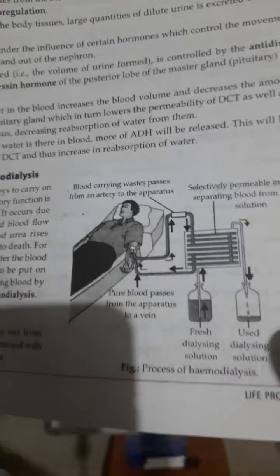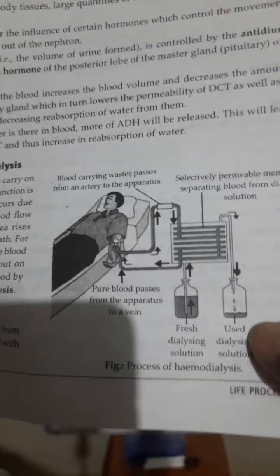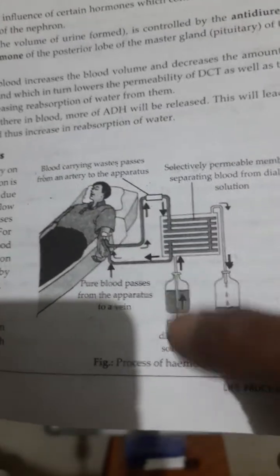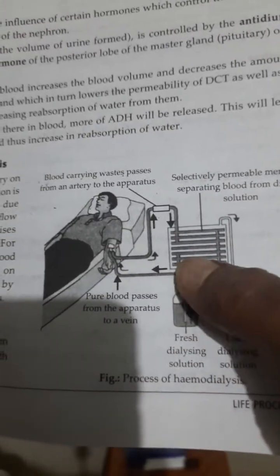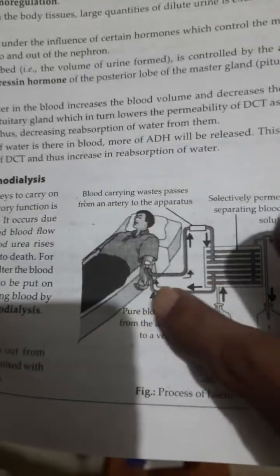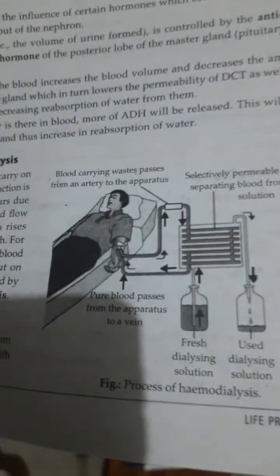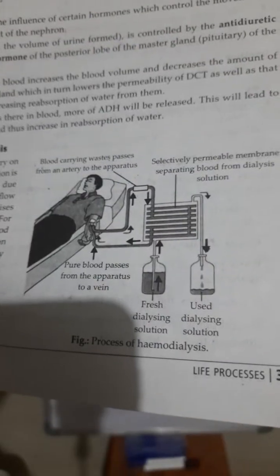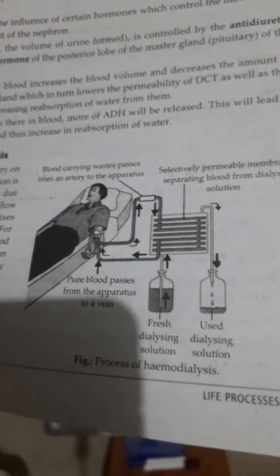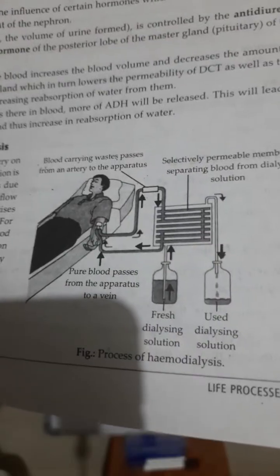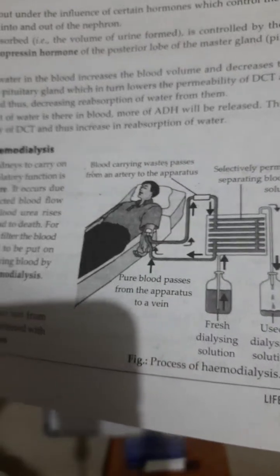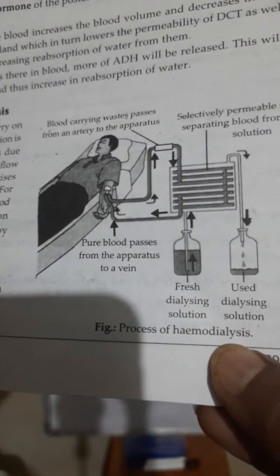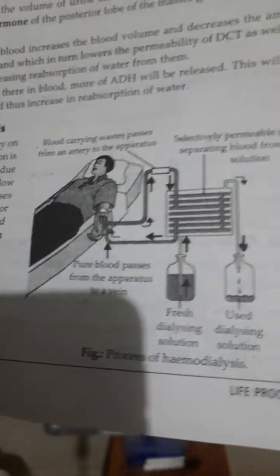The waste, the used dialysis solution, is collected here and fresh dialysis solution is added, and the blood goes back to the human body. If both kidneys fail, it is very dangerous for that person. Every 2 to 3 days he has to go for dialysis. This is known as hemodialysis. Hemo means blood. The blood has to be purified.